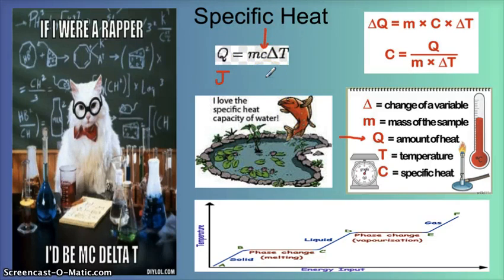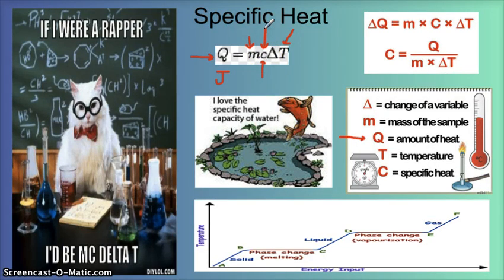But here's the basic relationship: you get more energy the higher the temperature the object is, and the more mass the object has, and depending upon how much it accepts heat. That's what this C, specific heat, will tell us.